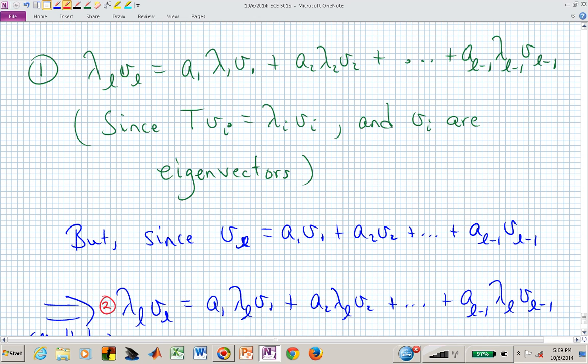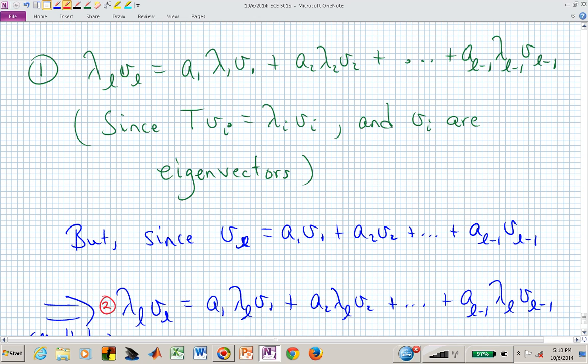And if I now combine equation 1 and equation 2, if I subtract them, I think you can see that the left-hand side is 0. And now I'm simply taking lambda sub L away from lambda 1, lambda 2, etc., because all those other terms are the same.